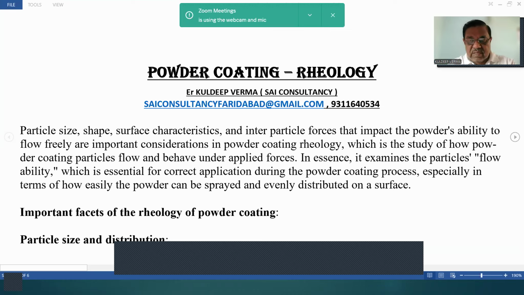In essence, it examines the particles' flowability, which is essential for correct application during the powder coating process.